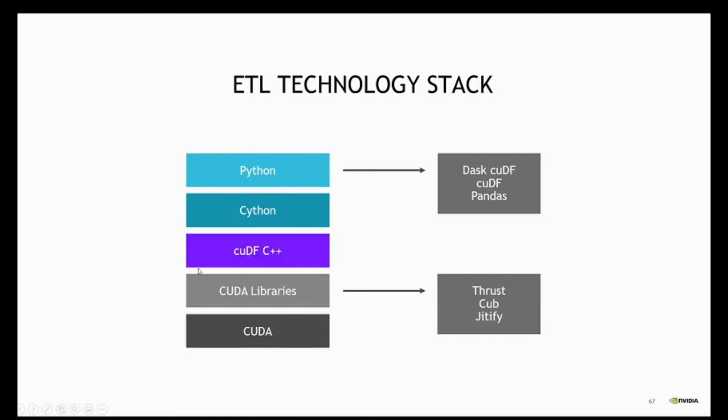And what we have done is provide a front end using C++, called cuDF C++, which essentially lets the user run these GPU accelerated cuDF functions in a C++ application framework as well. But like I said, if you are a Python user, you don't want to know about C++ and CUDA. You can essentially still stick with the Python ecosystem.